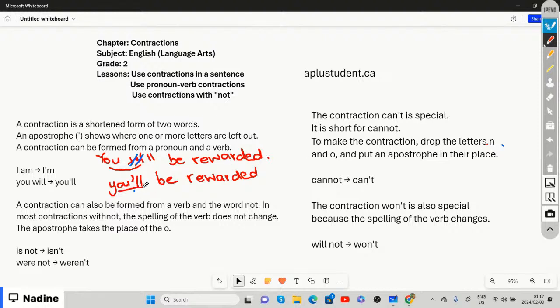Right? And here we have our contraction, you'll.